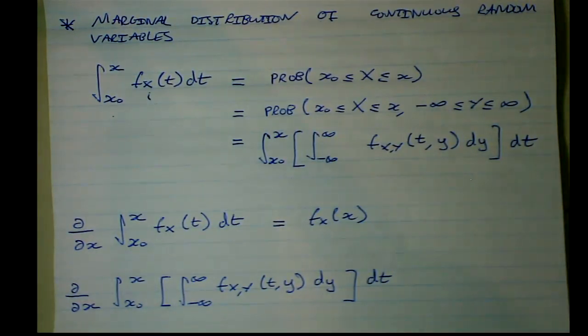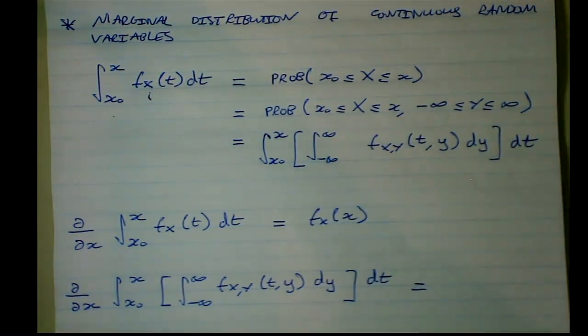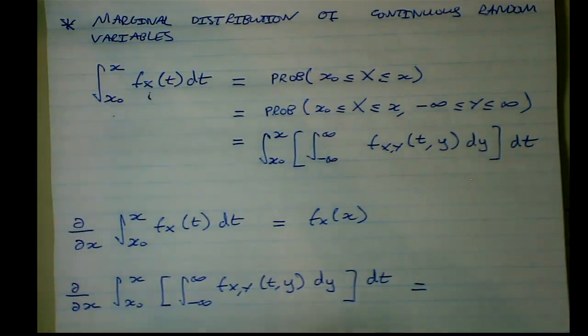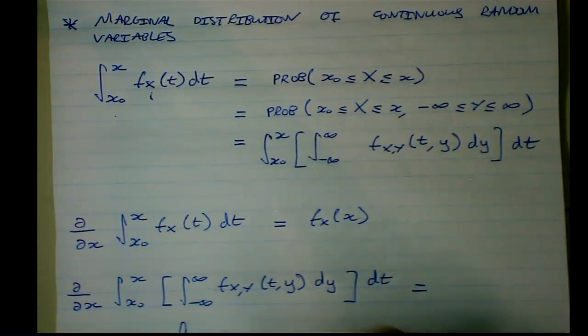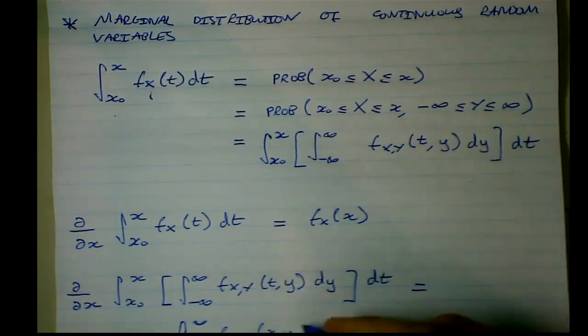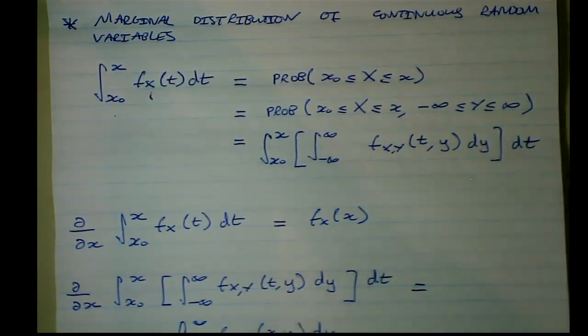All right. Now what I'm going to do is apply the second fundamental theorem of calculus again. And what is this? Well, all I need to do when I differentiate with respect to x is get rid of this outer integral, and then I'm just going to replace t with x. That's it. So, again, by the second fundamental theorem of calculus, it is the integral between minus infinity and infinity of f of x and y, dy.